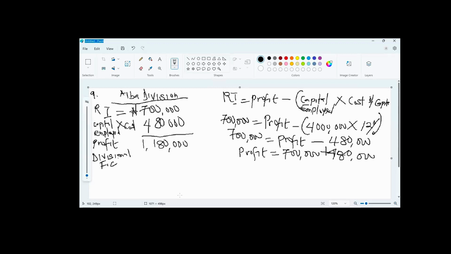What is the fixed cost of Alba division? 160,000. Fixed cost plus profit gives 1,340,000. What is that called? Contribution. You have done marginal costing. Because contribution minus fixed cost will give you your profit, that means profit plus fixed cost is equal to contribution.